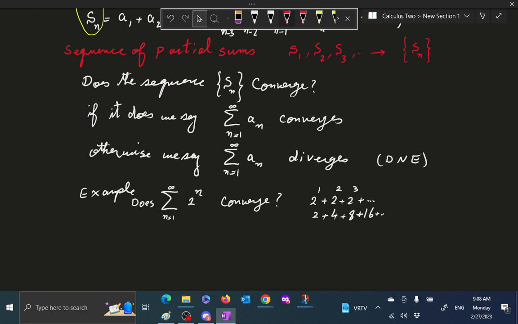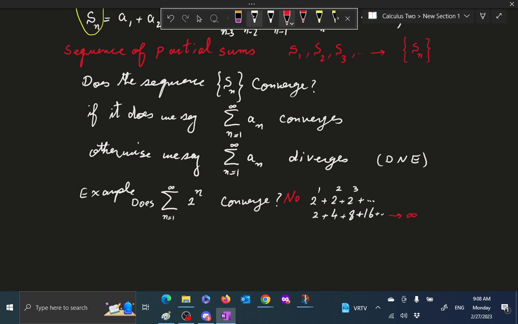So the answer to this question, does it converge? The answer is no, because the sum that you are trying to calculate goes to infinity. Sometimes sums can go to infinity, sometimes they can go to minus infinity, sometimes they might oscillate between a number and another number. All of these are examples of cases where we say the sum diverges.